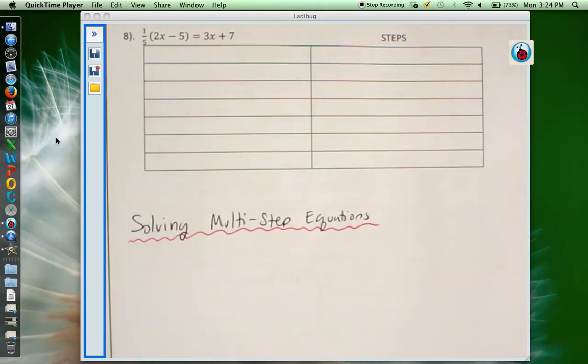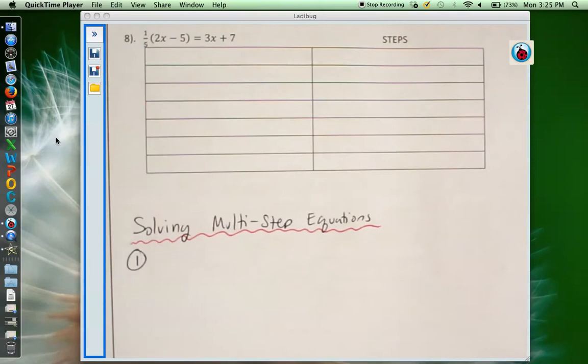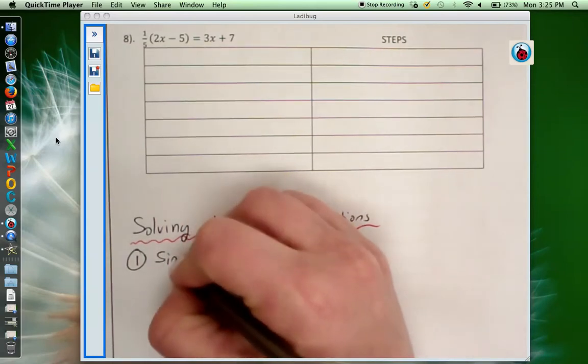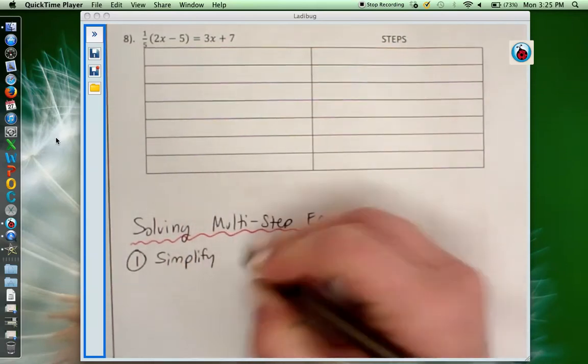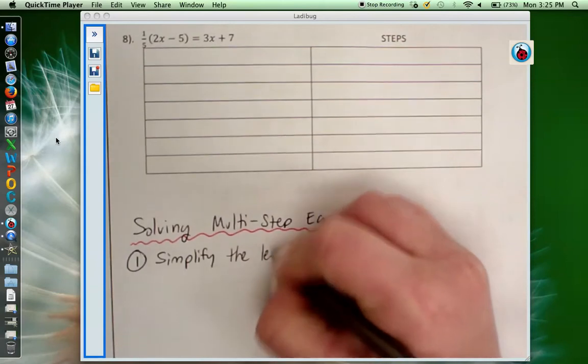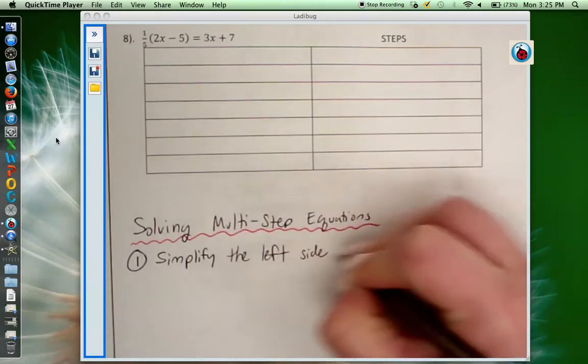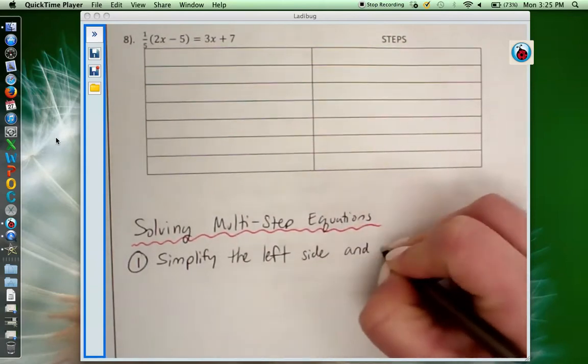Because each of these problems, I'm doing the same 3 things each time. I first start by simplifying each side of the equal sign individually. So simplify the left side and right side.